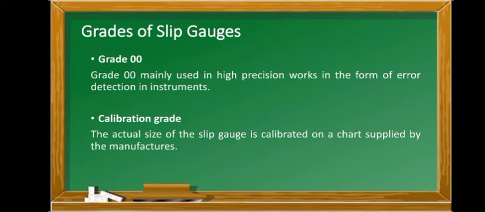And fourth, we have grade 00, which is mainly used in high precision work in the form of error detection in instruments. Lastly, the calibration grade. This is a special grade with the actual size of the slip stated or calibrated on a chart supplied by the manufacturers.